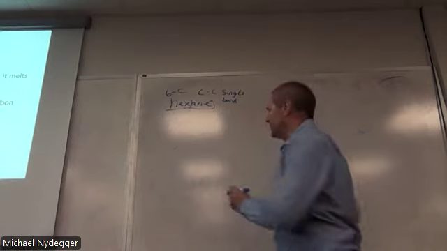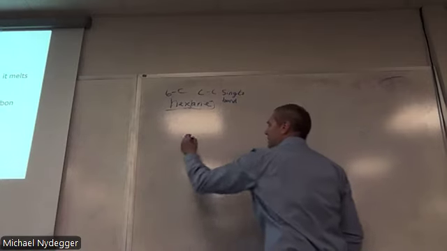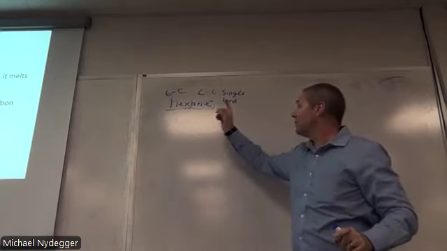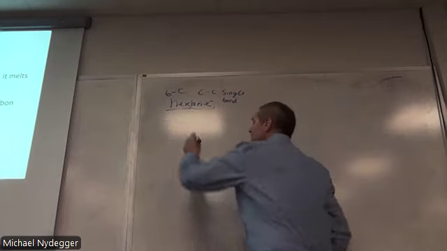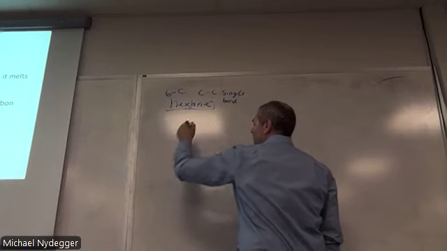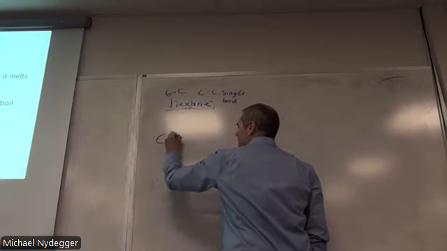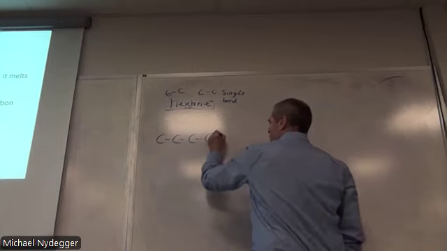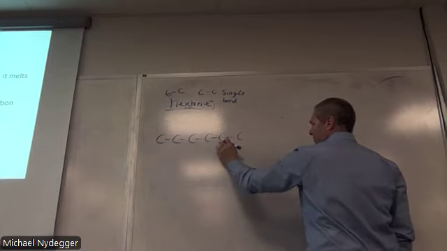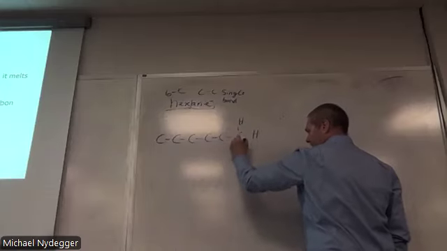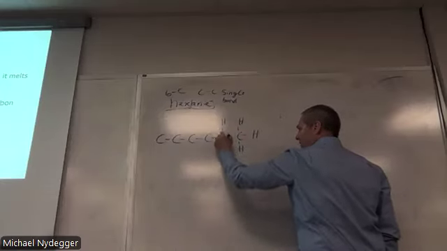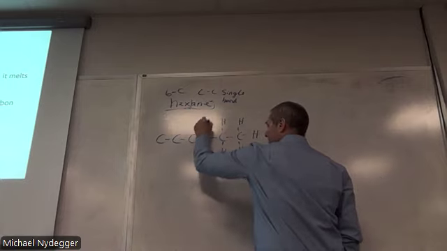So you have 6 carbons, and for the number of hydrogens that go onto the carbons, it's 2n plus 2. So if I have 6 carbons, that means there are going to be 14 hydrogens. The rest of these are going to be hydrogens because carbon always has 4 bonds.